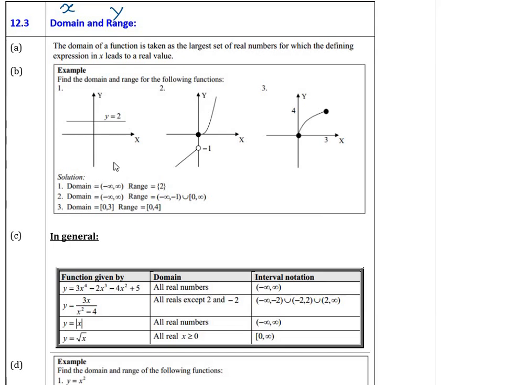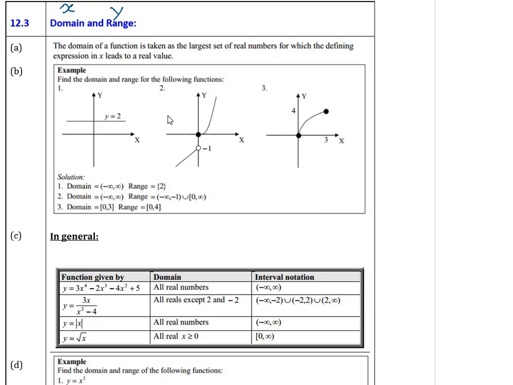So the domain is anything: x is an element of R, or negative infinity to infinity. If I look at the y coordinates, I see y can only be 2 here. It's like walking on level 2 in a building. All the rooms will have a floor number of 2. So y can only be 2. Remember, then we use the curly brackets.